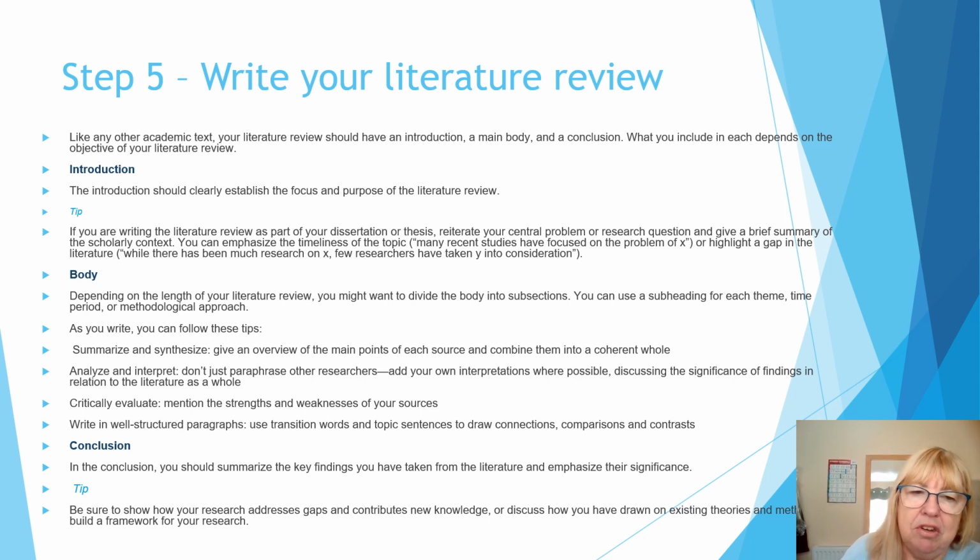And in that sense, it's got an introduction, which should clearly establish what the focus and purpose of it is. And it's got a body, which really, if it's going to be a long literature review, you can actually develop into subsections. You could say methodological approach, chronological, or you might just use one approach, and then you could just write it as a body.